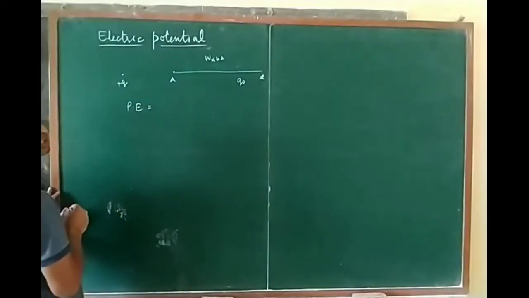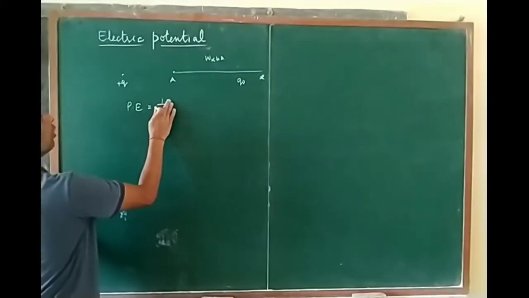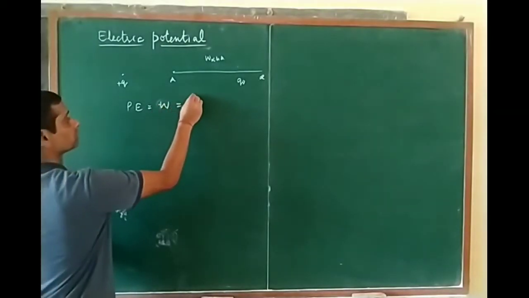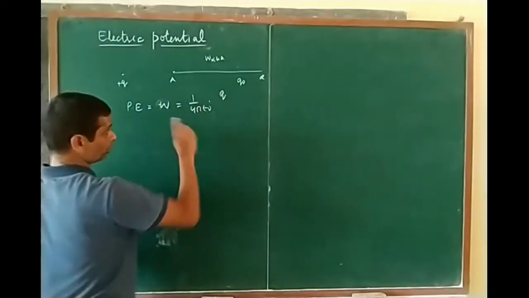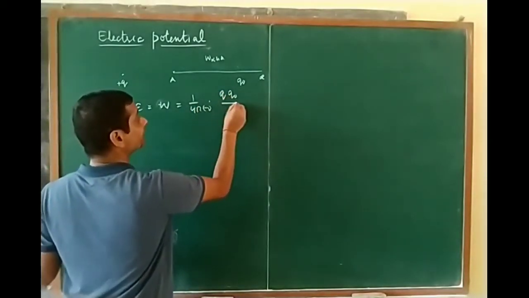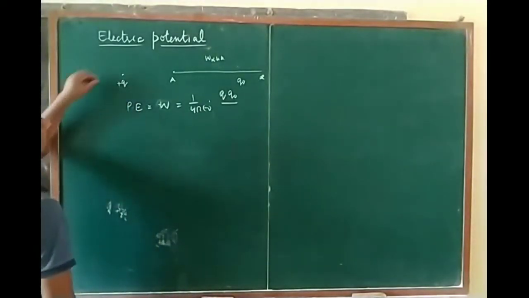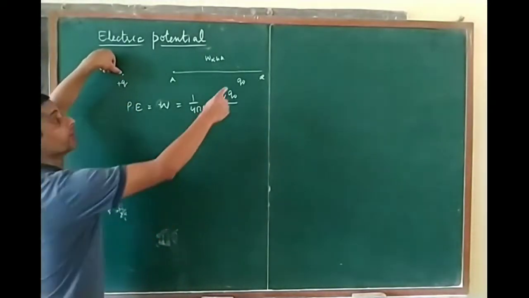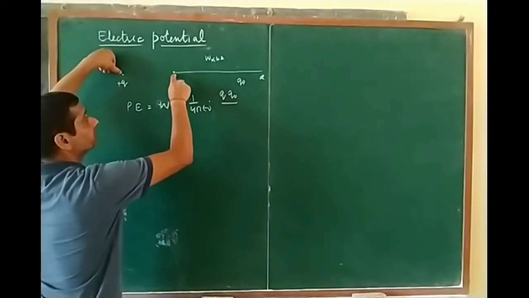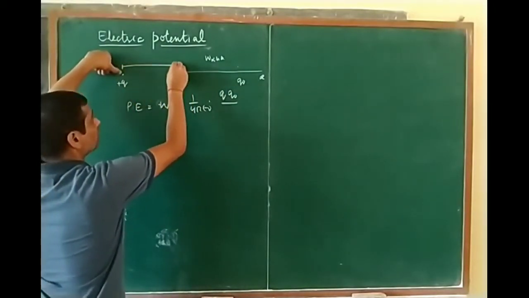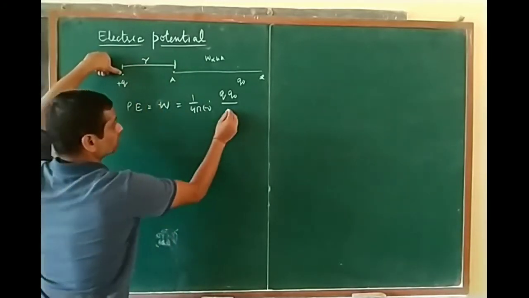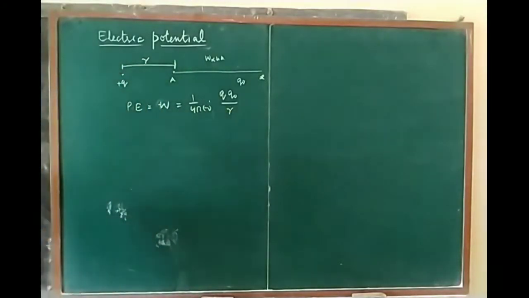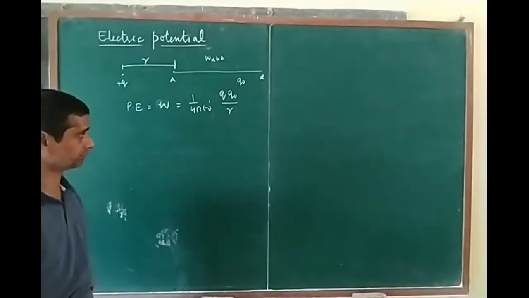So the electric potential energy is equal to the work done, which is 1 upon 4 pi epsilon naught, times the product of charges Q and Q naught, divided by the distance between the charges, which I can take as R. This is the potential energy, which we have already discussed in the previous videos.